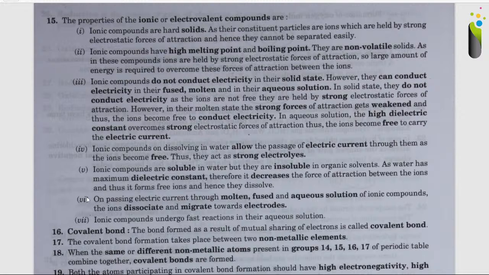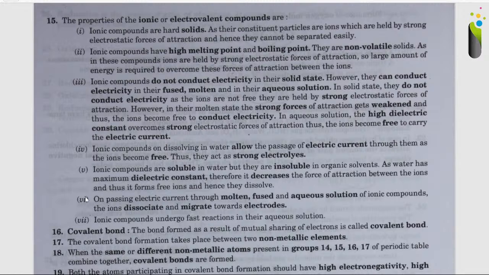Ionic compounds do not conduct electricity in the solid state. However, they can conduct electricity in the fused, molten state and in their aqueous solution. In solid state, they do not conduct electricity as the ions are not free. They are held together by strong electrostatic forces of attraction.